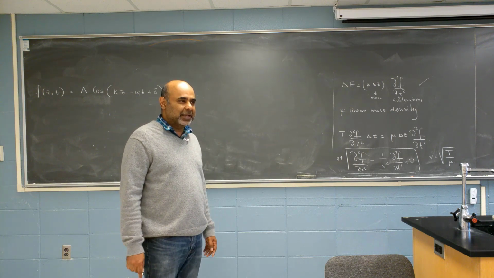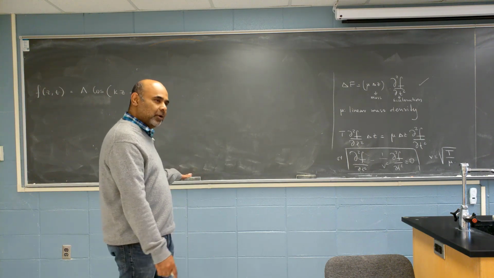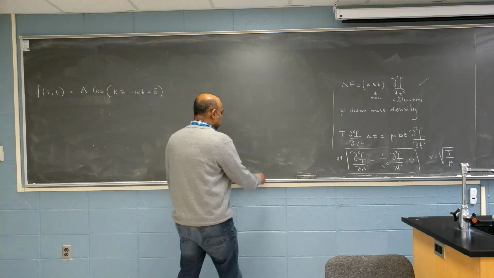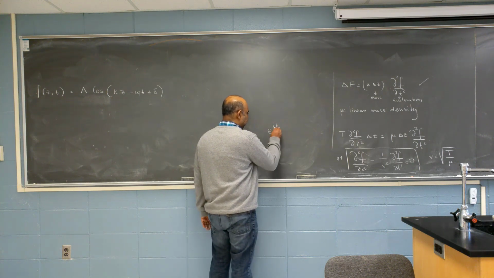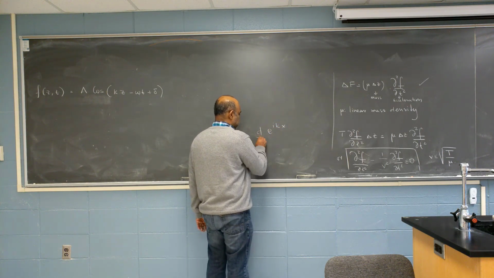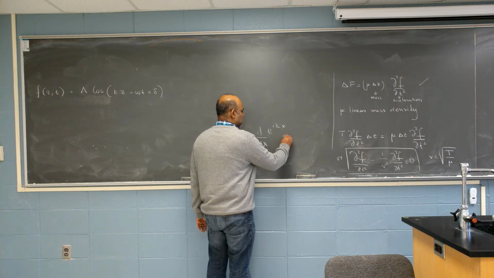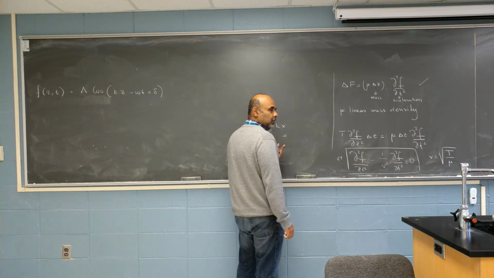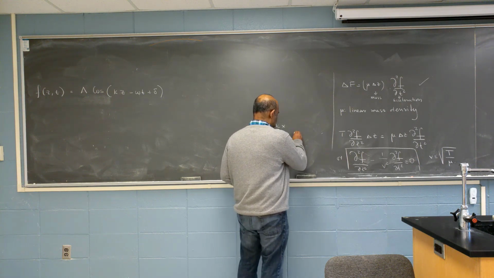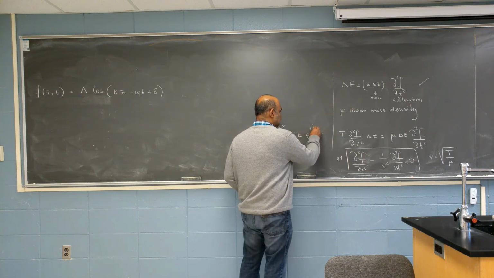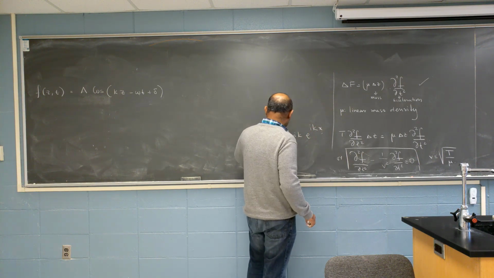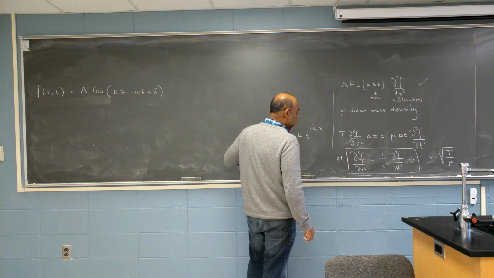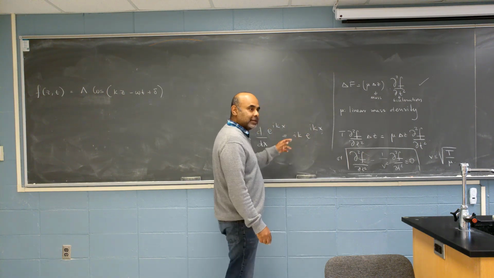It's a hassle to take derivatives with sine and cosine. If I have something like e to the ikz, what is the derivative? ik times e to the ikz. This is the coefficient that comes up.